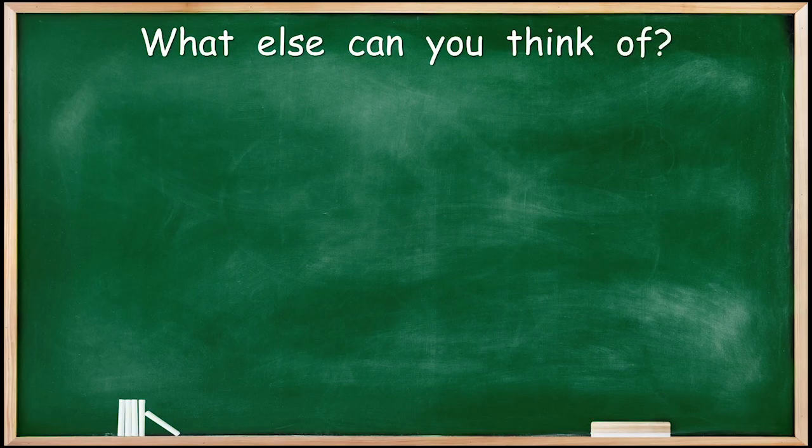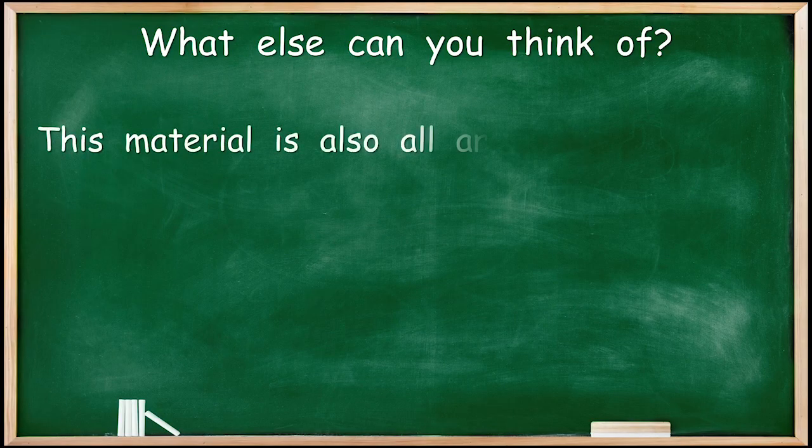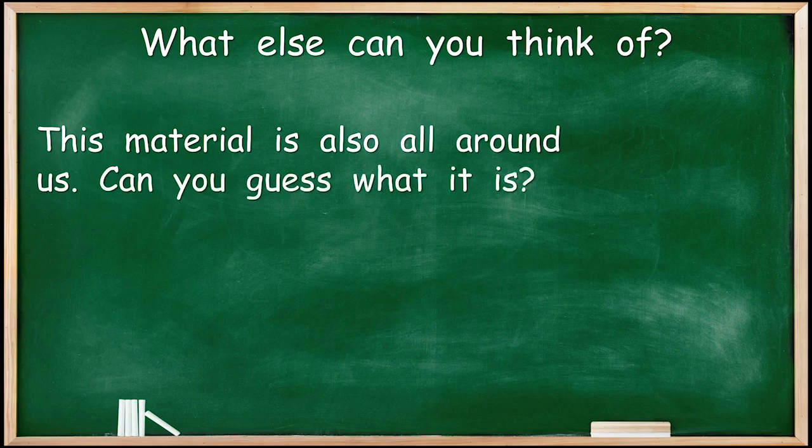What else can you think of? Well, again, this material is also all around us. Can you guess what it is? Have a look. What can you see all around you that we can call a material?